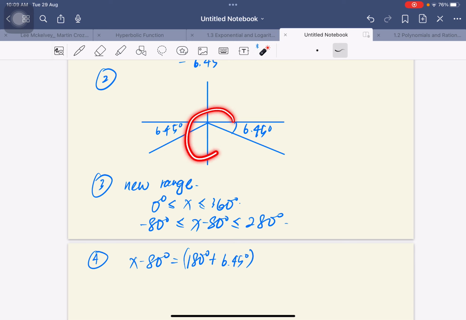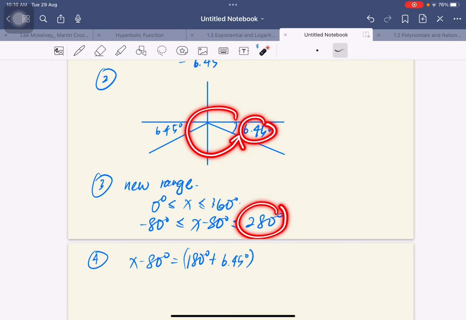If you further go here, it will be more than 280 for sure, because if you can find a value, this is 360 minus 6.45, so that's like 355 something. So it already exceeded the range given. So we can't choose this as our solution.